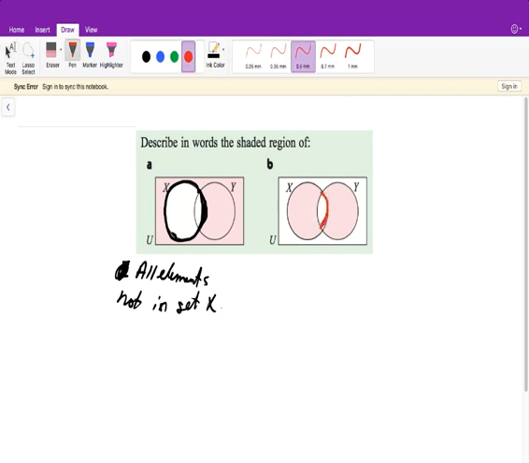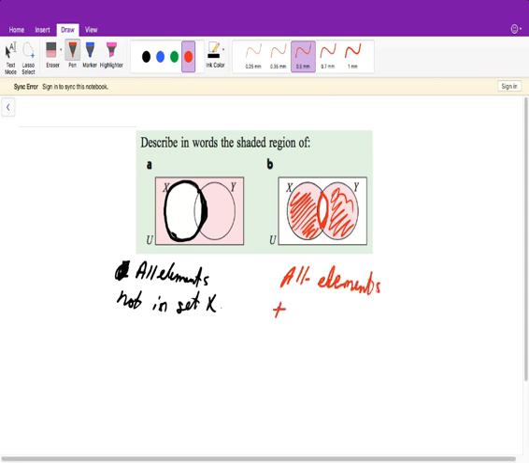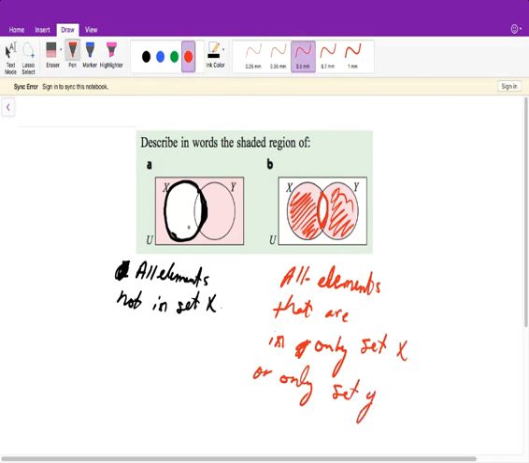The part that's not colored in is where X and Y overlap, or elements that are in both X and Y. And out here, not colored in, are elements that are not in X or Y. The only part that's shaded in is the part that is just in set X, or this part here that's only set Y. So in words, we can say all elements that are in only set X or only set Y, and that would be a good enough answer.